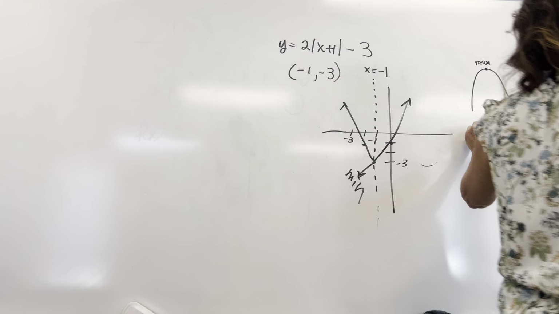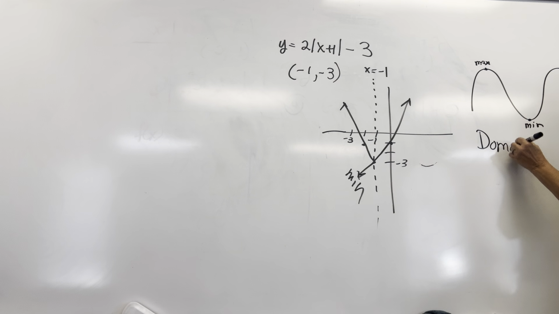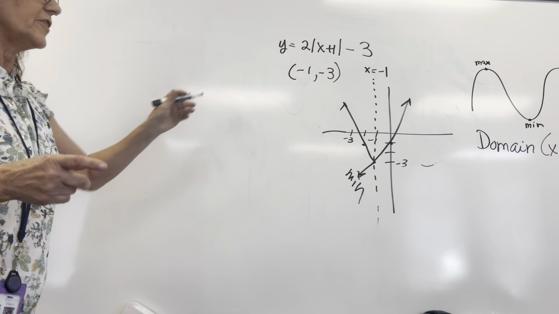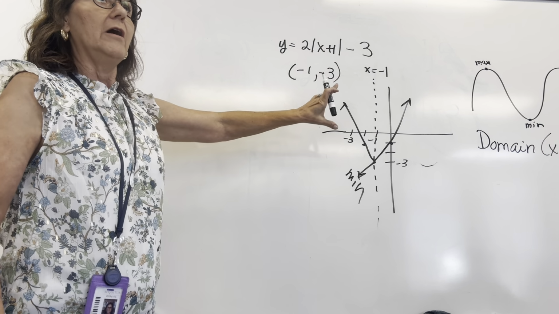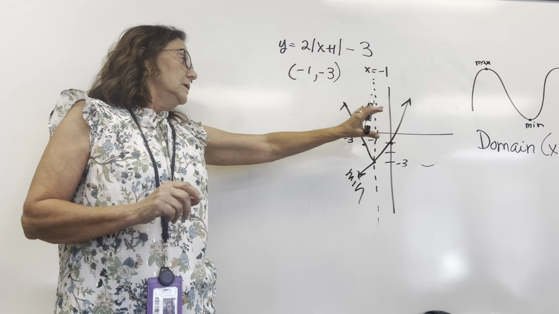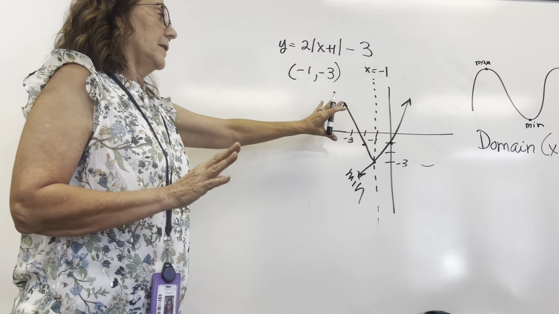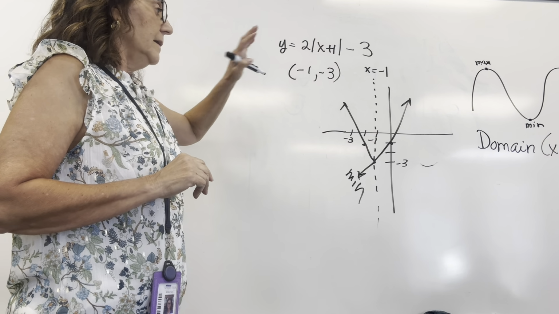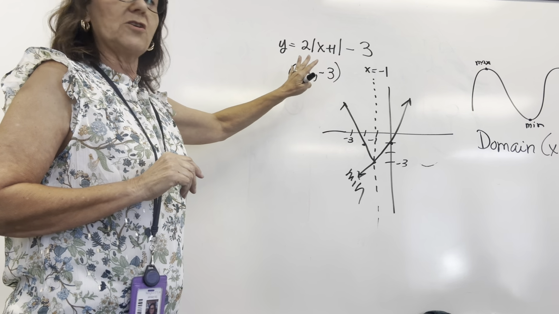D is for domain. Domain is all of the x values that a graph can be graphed. And for any function, the domain is all reals.